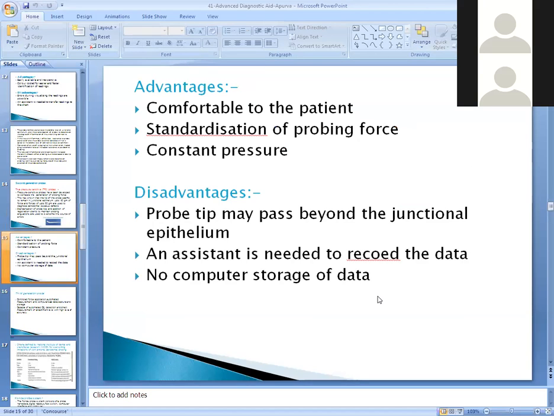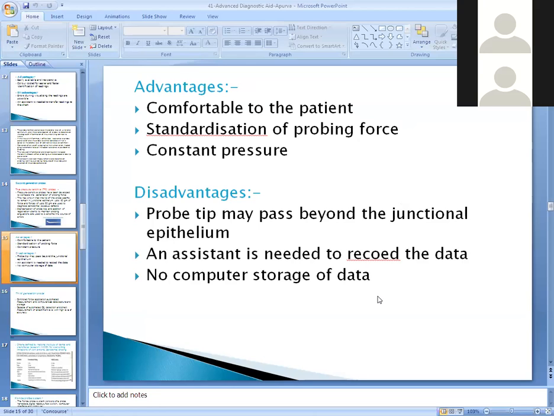Its advantages are mainly that it is comfortable for the patient, and there is standardization of probing force and constant pressure. For every area there is constant probing force. But in some patients, generalized inflammation is different, some areas are healthy and some areas are inflamed, so you will not be able to maintain the same amount of probing force.